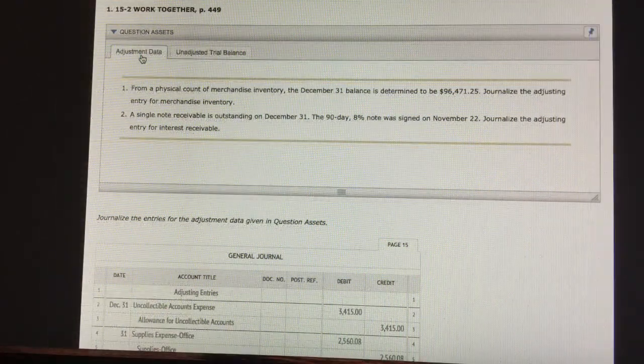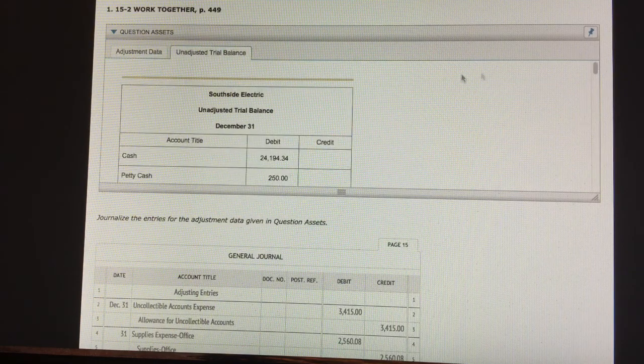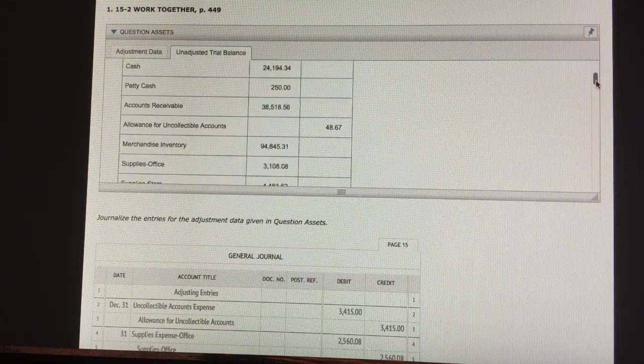In order to calculate the amount that we're going to journalize for our adjustment, we need to go to our unadjusted trial balance to check what was our beginning inventory, and we need to find the difference between our ending inventory. So we're going to go to our unadjusted balance, and our merchandise inventory at the beginning of the year was $94,845.31. So we're going to find the difference. First, we bring up our calculator.